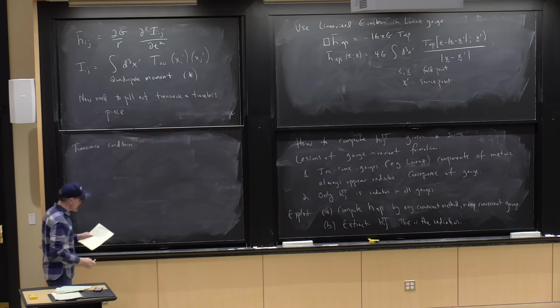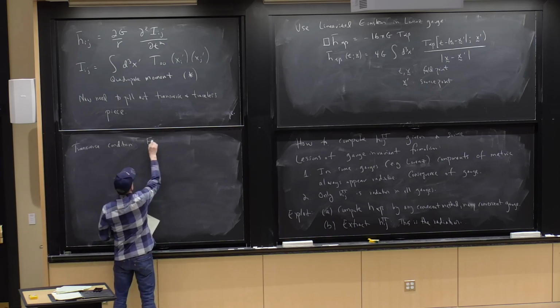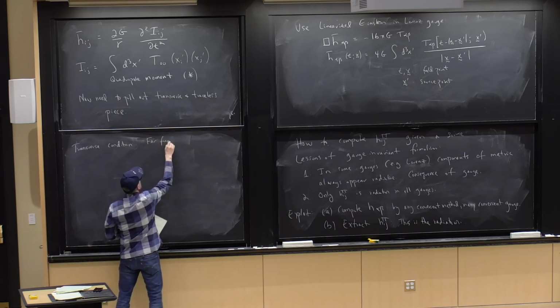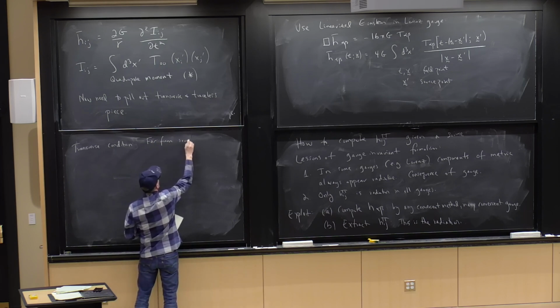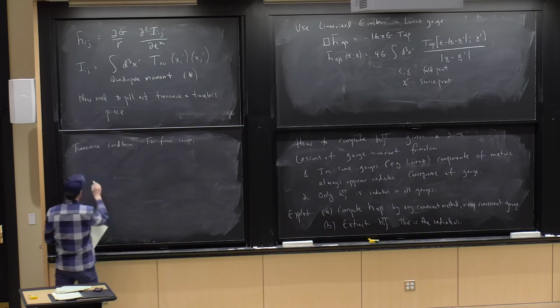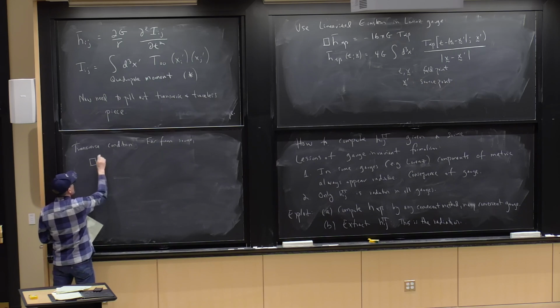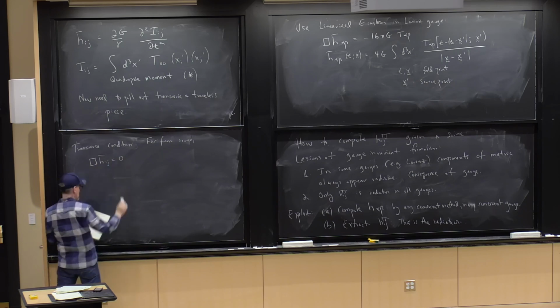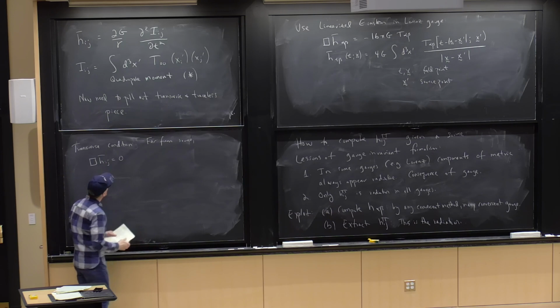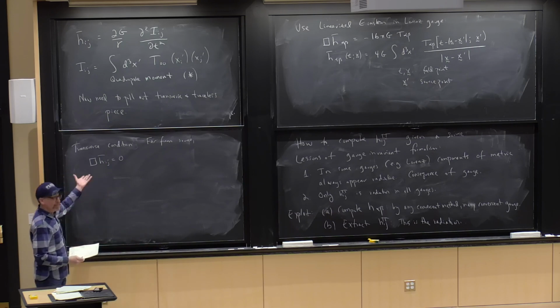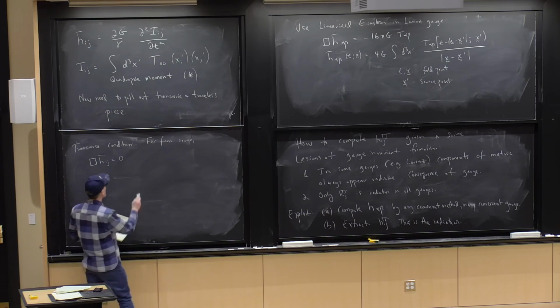So to do the transverse condition, I'm going to take advantage of the fact that far from the source, box of h bar ij is equal to 0. These are just because I'm in a region where the source is equal to 0 when I'm far away from it. This suggests that what we ought to do is expand our solution in plane waves.